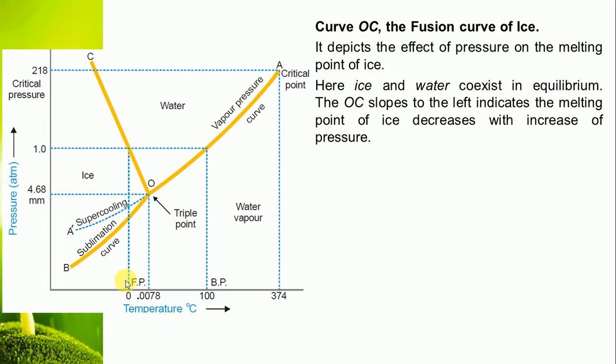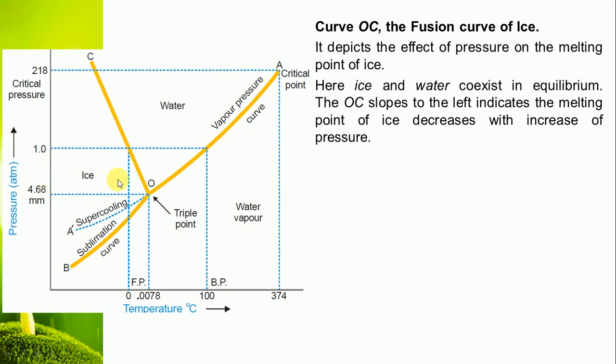That means the curve is moving to the left-hand side, and whenever the curve moves to the left-hand side, it indicates that the pressure gradually increases.